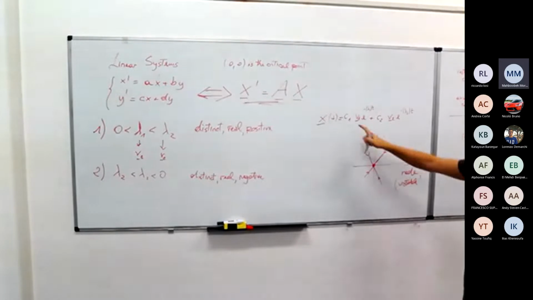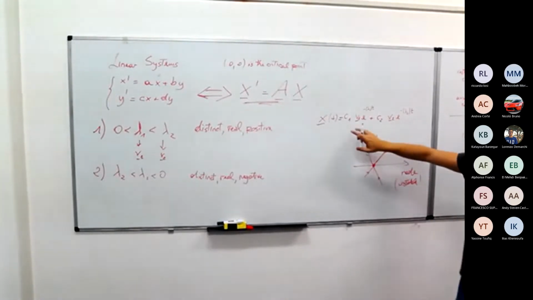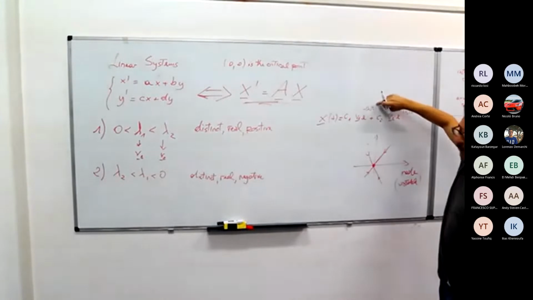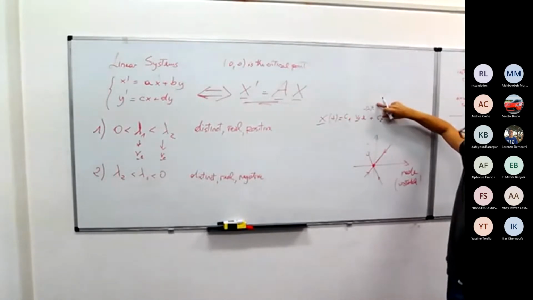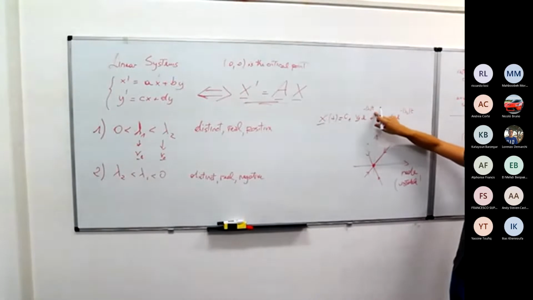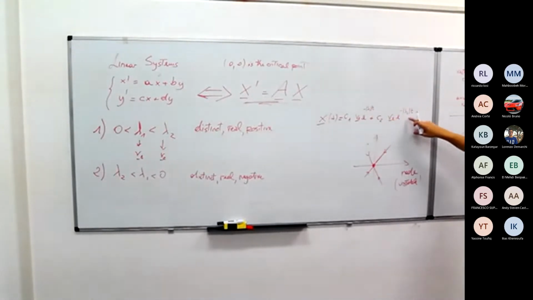So in this case, the two independent solutions are approaching the critical point 0, 0 when t goes to infinity, not to minus infinity. Right? Because the exponential of minus some quantity times infinity is going to 0, and the exponential of minus some quantity times infinity is going to 0 as well.